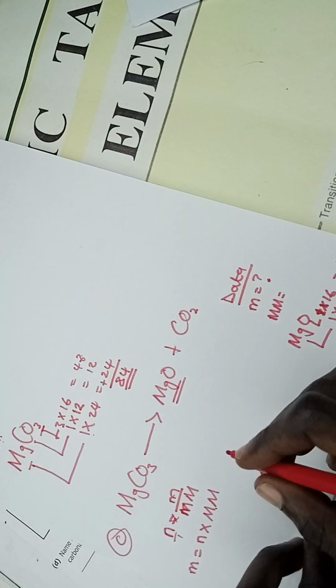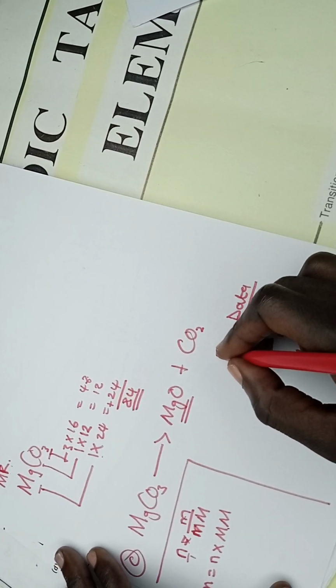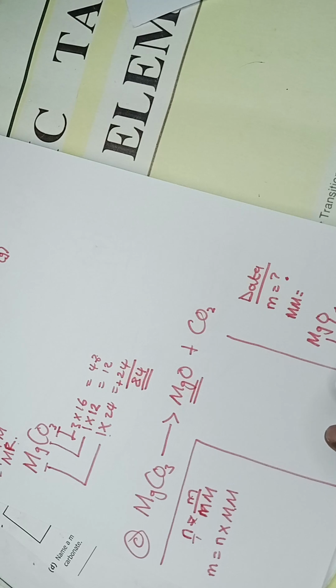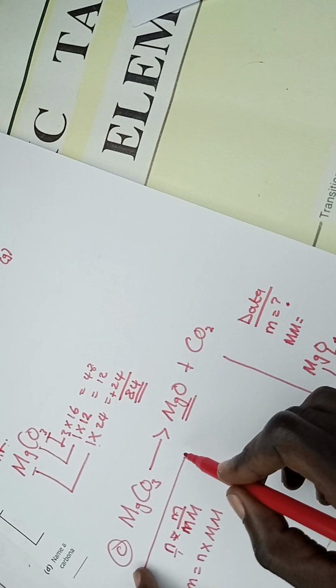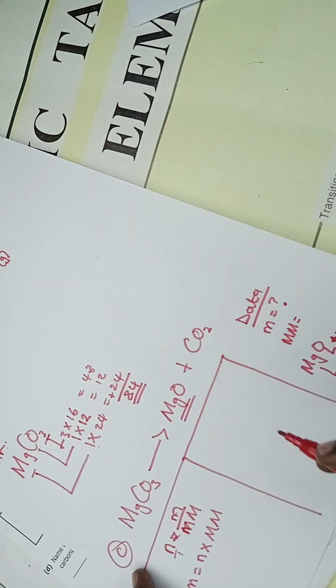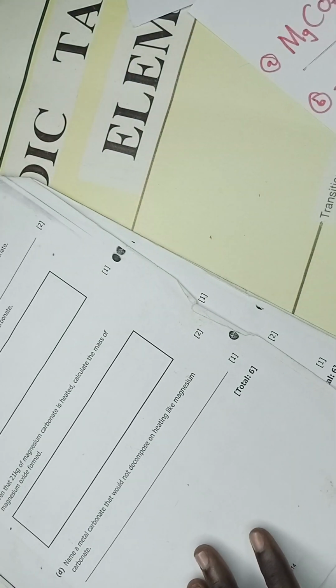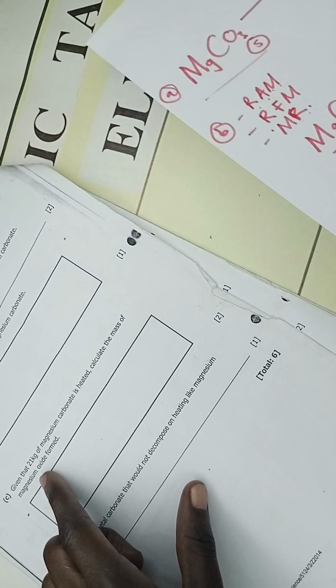So how do we find the number of moles for magnesium oxide? There is only one possible way to find this number of moles, and that is by using what we call the stoichiometric ratio. We are comparing two things here, magnesium carbonate and magnesium oxide.